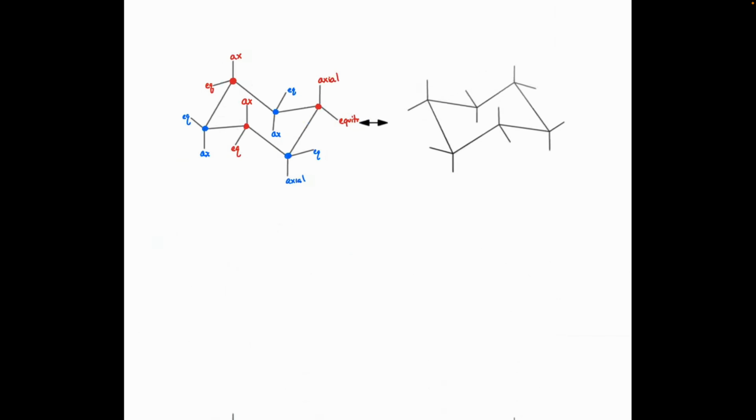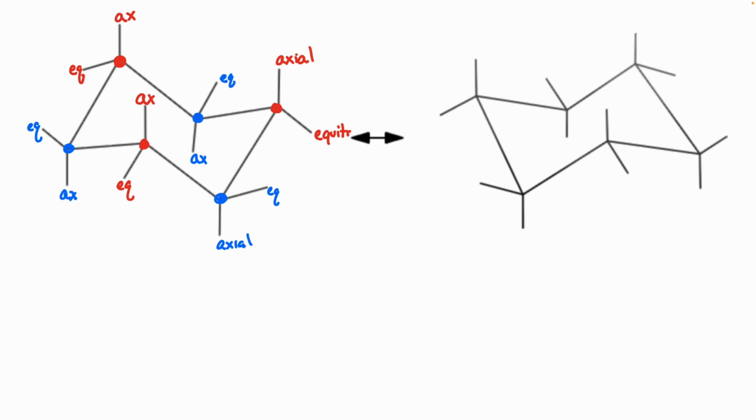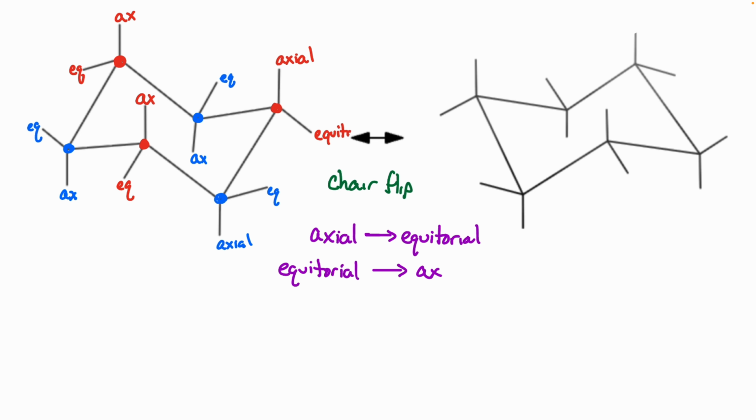So in our chair flip, what happens is our axial positions get converted into equatorial positions, and our equatorial positions get converted into axial positions.